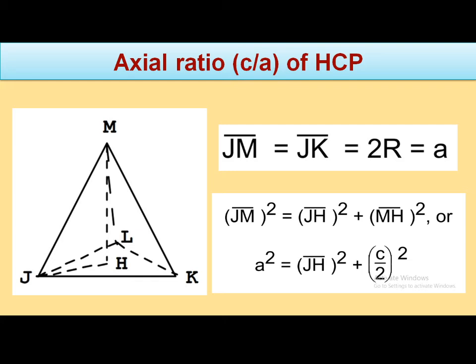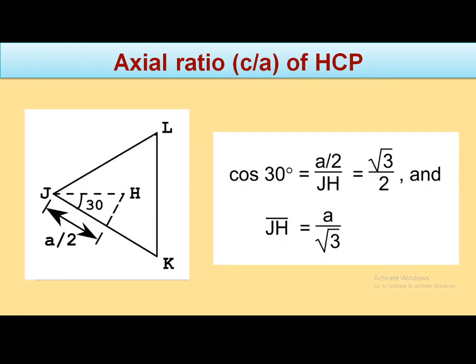And then we have to find out what JH is. In order to find JH, we can draw a triangle like this, with J, L and K. JH is separating the equilateral triangle into two parts, and the angle becomes 30 degrees. Then cos 30 degrees is equal to the adjacent side, which is A by 2, divided by JH, which is equal to root 3 by 2.